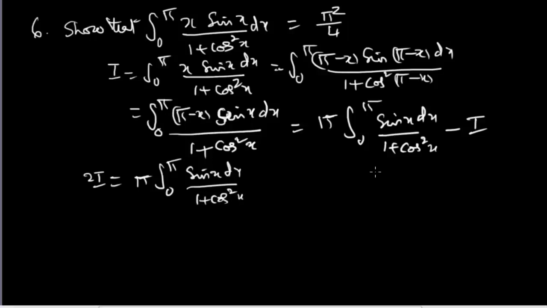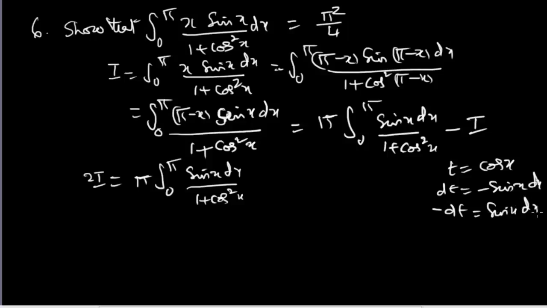Now this problem by substitution we have to work out. t is equal to cos x, dt is equal to minus sin x into dx, and minus dt is equal to sin x dx. So the problem becomes pi integral, minus dt by 1 plus t squared. Now what about the limits?